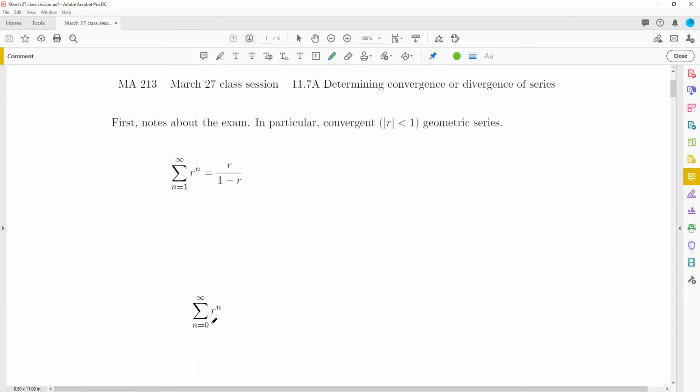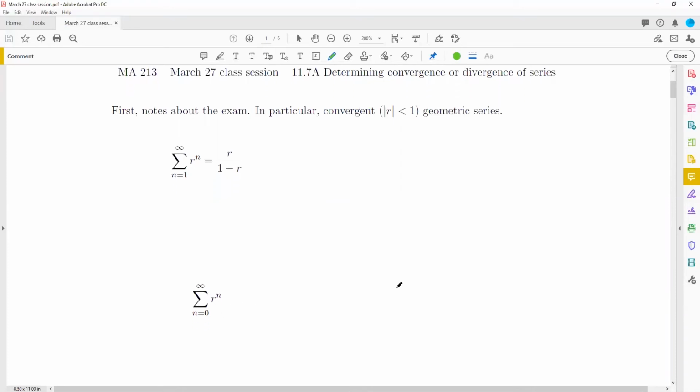But what if you're summing from 0 to infinity of the same thing? Well, that's a little bit tricky, but here's the way that perhaps you can think about it for now. If you're going from 1 to infinity, then that's like r plus r squared plus r cubed and so on.